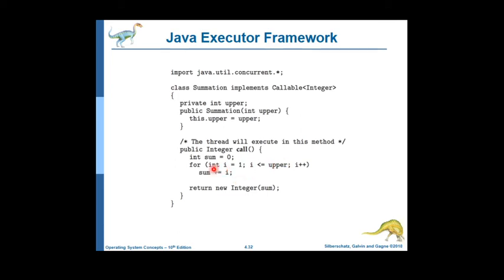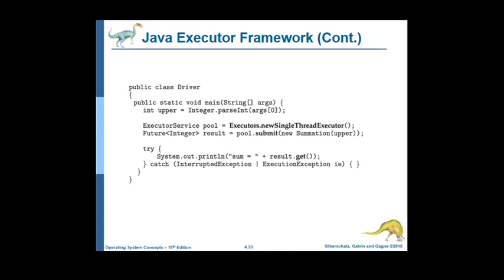To execute this code, we create a new single thread executor object, which is a type of ExecutorService, and pass it the callable task, that is the Summation, using submit.